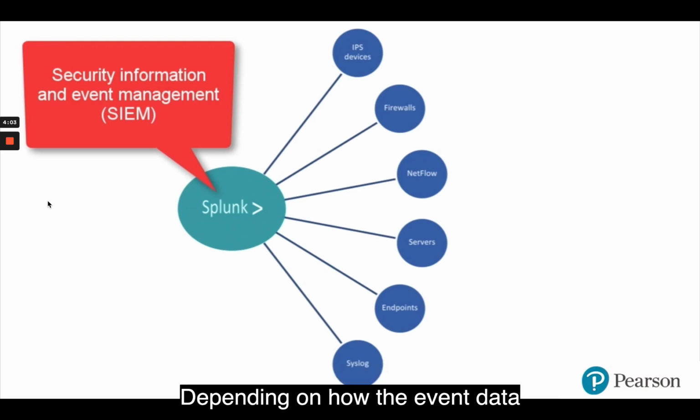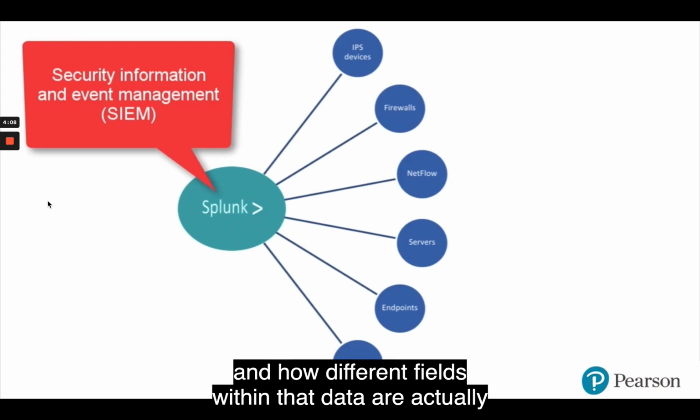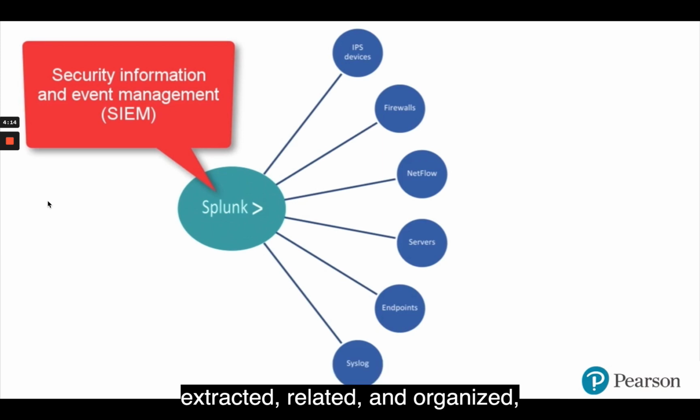Depending on how the event data is actually structured from those sources and how different fields within that data are actually extracted, related, and organized, that's how it can actually affect your data model architecture, right?